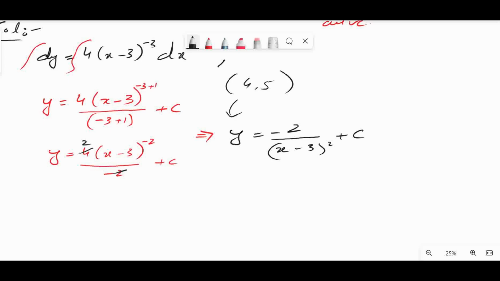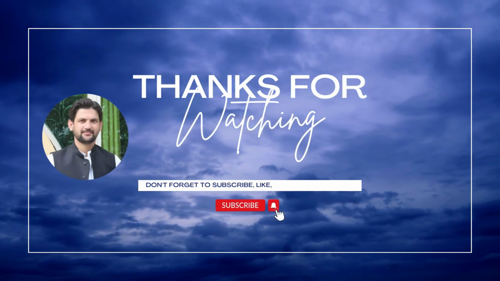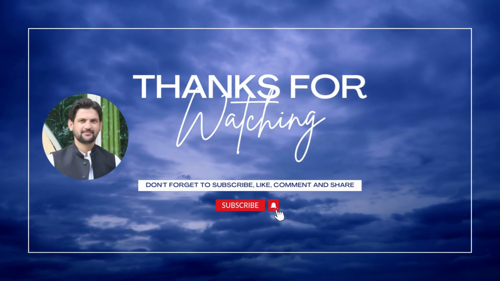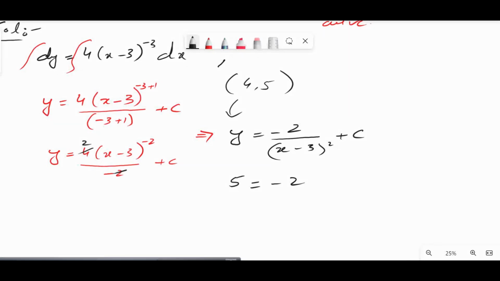The value of y is 5, so 5 equals minus 2 divided by, now x is 4, so divided by (4 minus 3) whole square plus c.